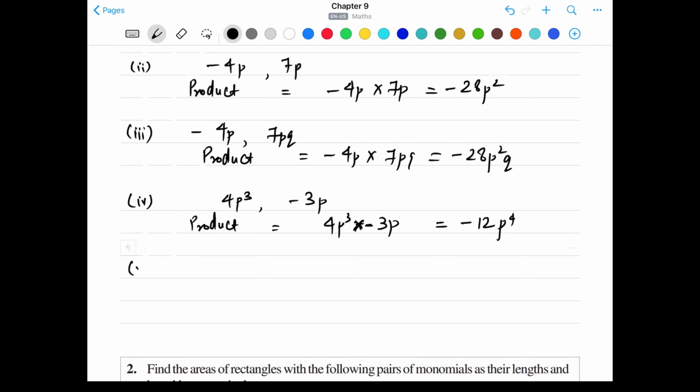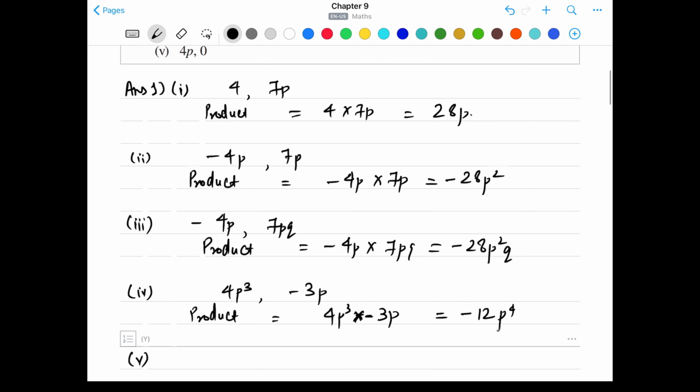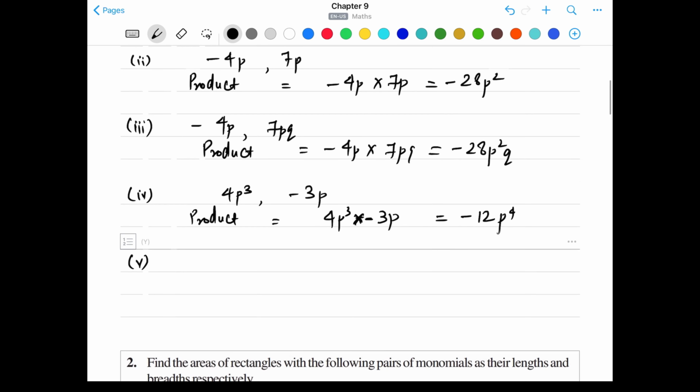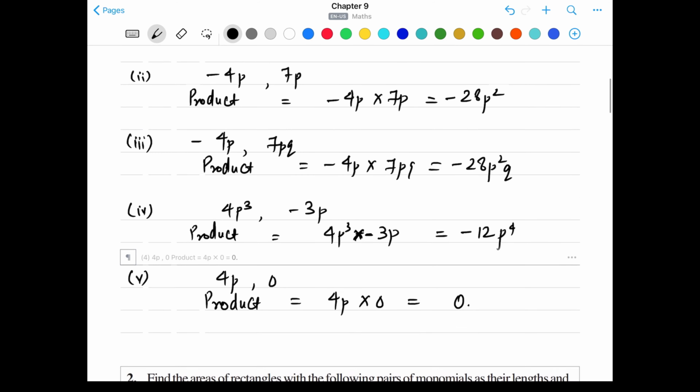And the last one is 4p and 0, so the product will be 4p into 0. Any number multiplied by 0 will always result into 0. So the answer for the last one is 0.